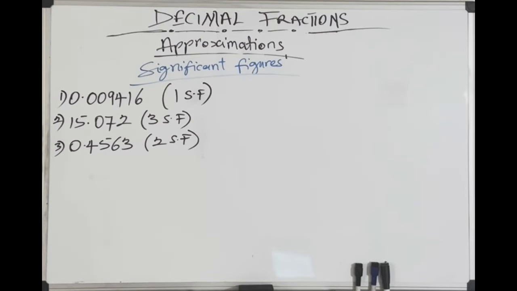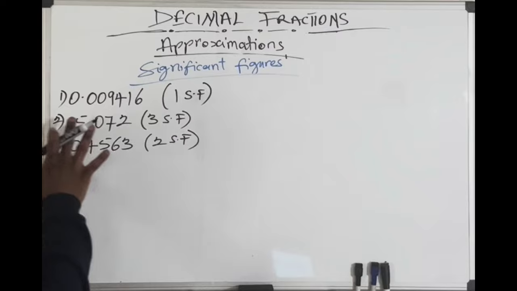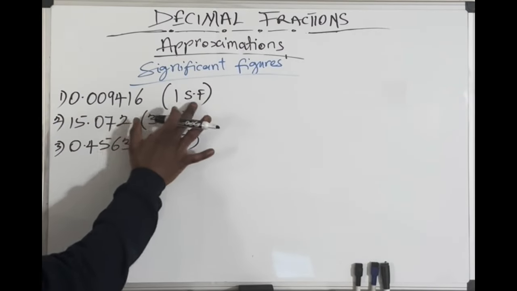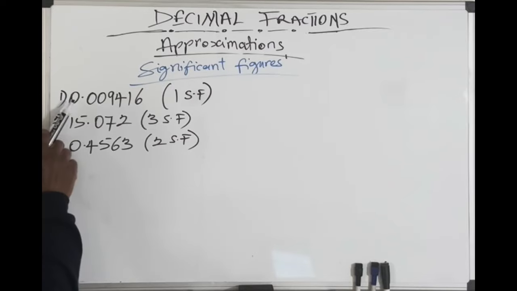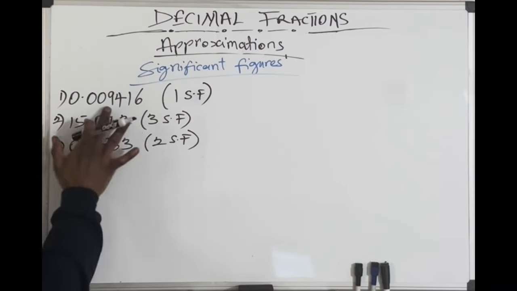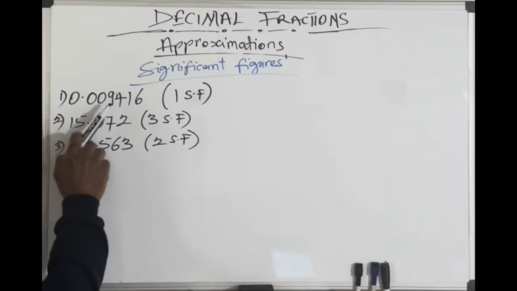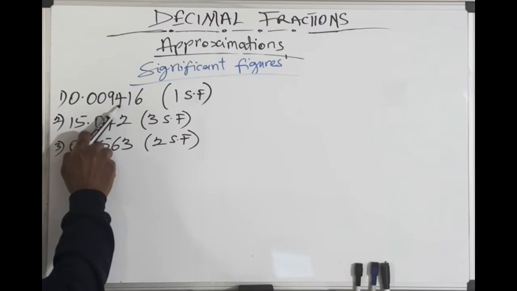We are told to work this number to one significant figure. So we won't count these zeros because they precede the natural numbers. So we start with 9. So 9 is the first significant figure. And then we look at the next number, which is 4.